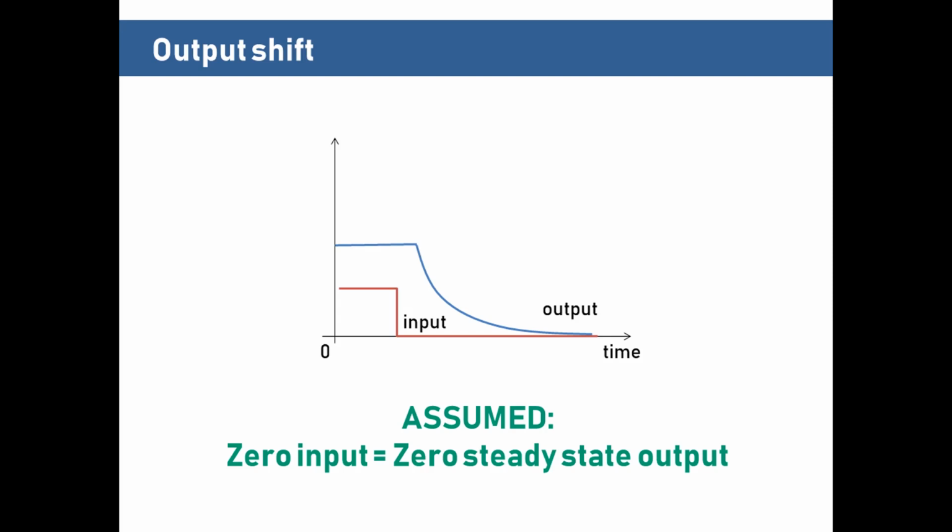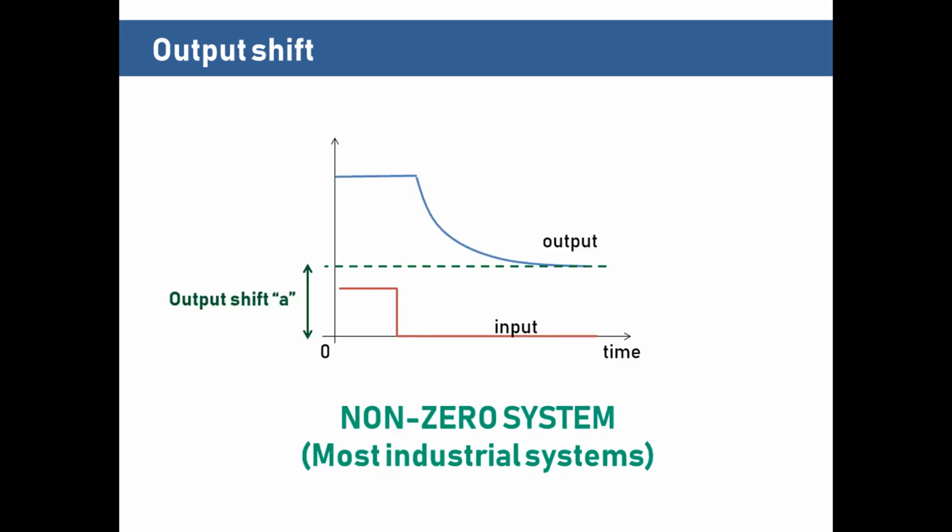So why do we need an output shift? The reason for this is that the modeling for the first hypothesis equation assumes that when the input x is 0, the output will steady state to 0. Now in some cases this is true, but it isn't the case for most industrial systems. So we need to allow for a vertical shift to the output to represent its steady state with 0 input.